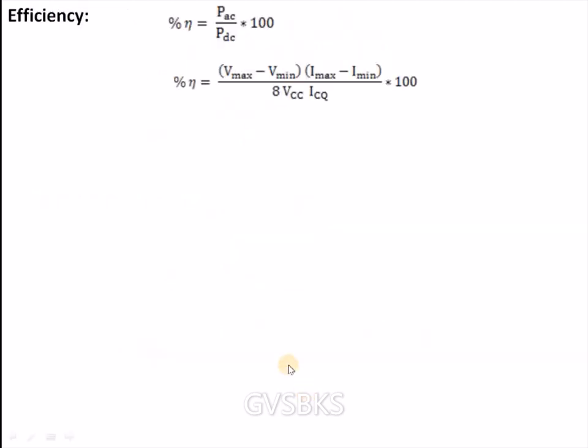The efficiency eta is given as AC output power divided by DC input power into 100. Therefore, the efficiency is equal to AC power, written as Vmax minus Vmin into Imax minus Imin by 8, and the DC power is given as VCC into ICQ, into 100 because we are representing it in percentage.